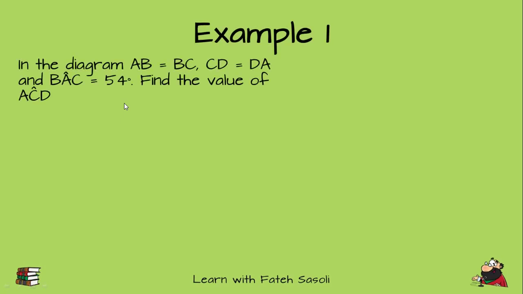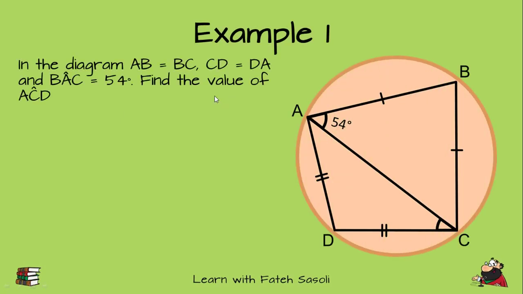Let's look at our first example. The question given to us is that in the diagram AB is equal in length to BC. Whenever lengths are equal, we know that the size of the angle is also equal. And what we need to find out is the value of ACD, which is this angle over here. We'll apply the same knowledge: the triangle is always equal to 180 degrees with the three angles.